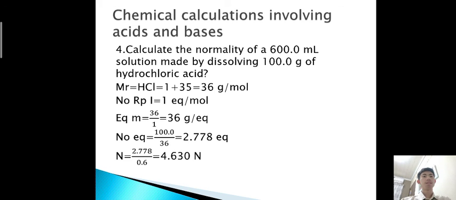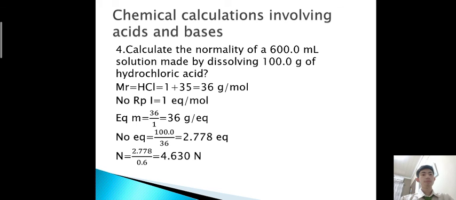The fourth one is: calculate the normality of a 600.0 milliliter solution made by dissolving 100.0 gram of hydrochloric acid. First, we find the molar mass. Hydrochloric acid is also known as HCl. So hydrogen has 1 plus chlorine is 35, so it's equal to 36 gram per mole.